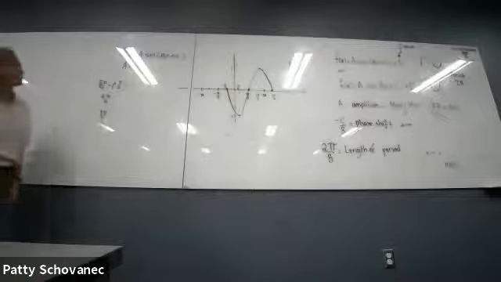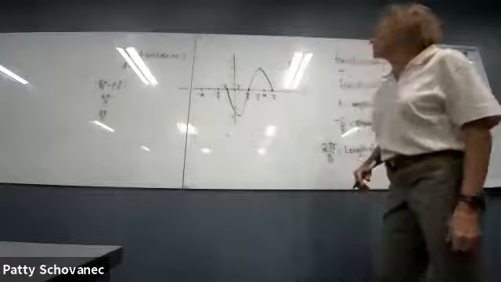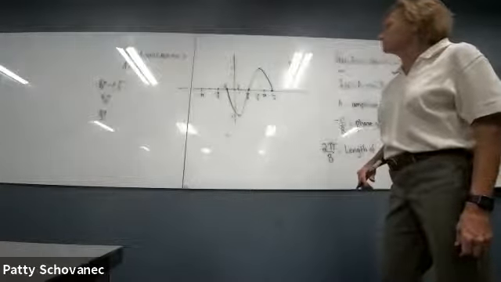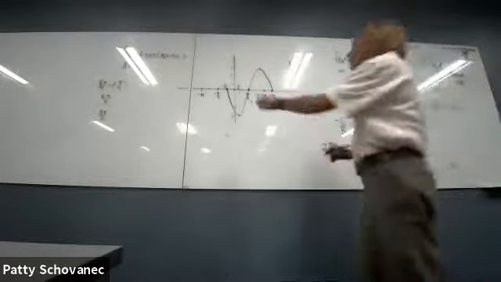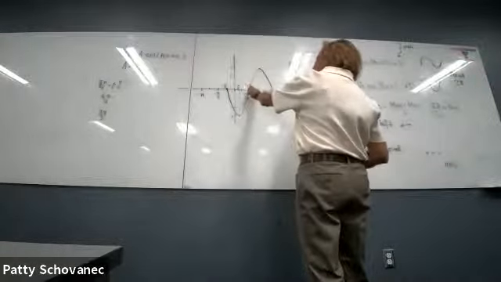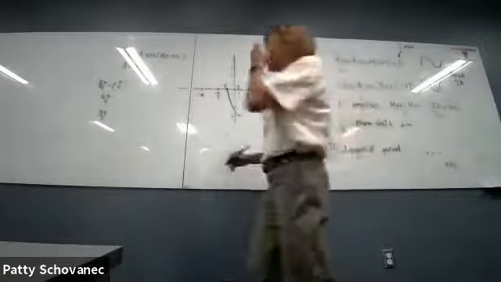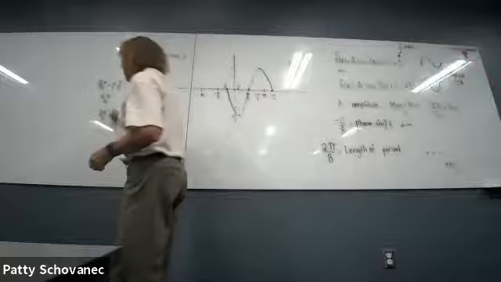I labeled that right, I think I did. Yep, that's 6 pi over 4. So that's the length of the period.